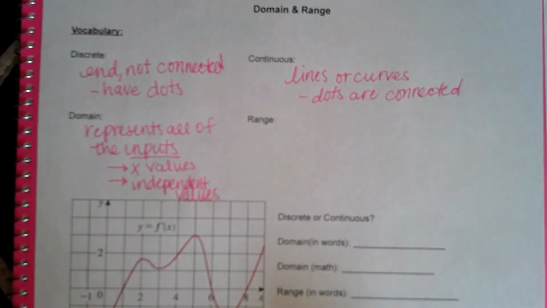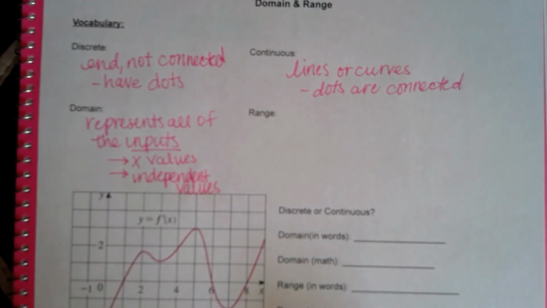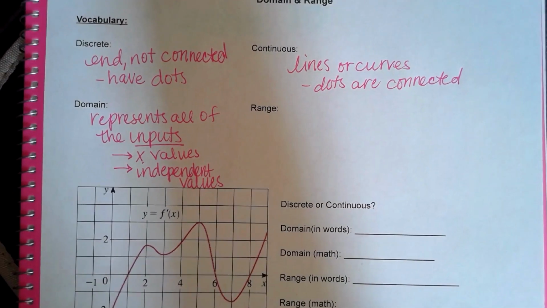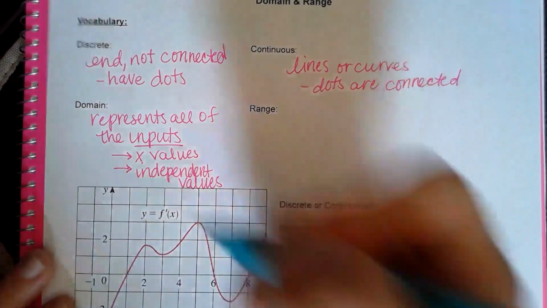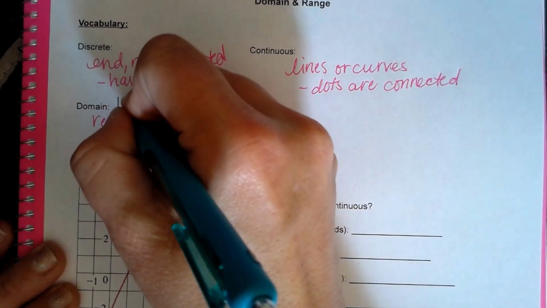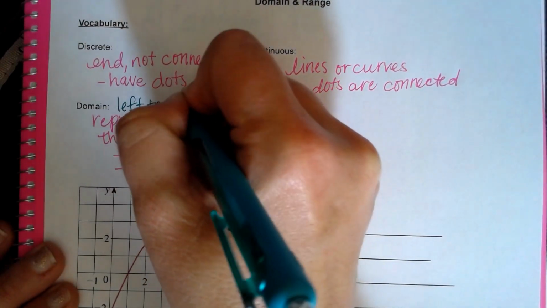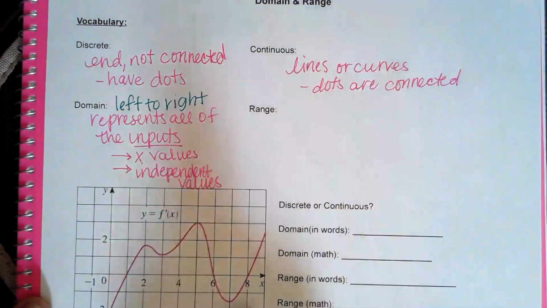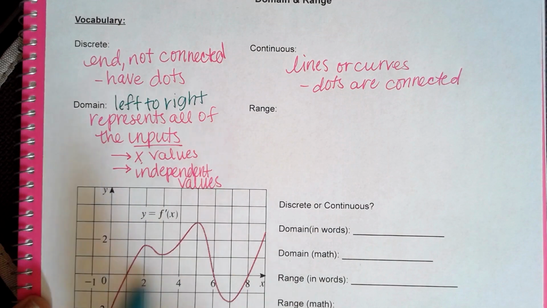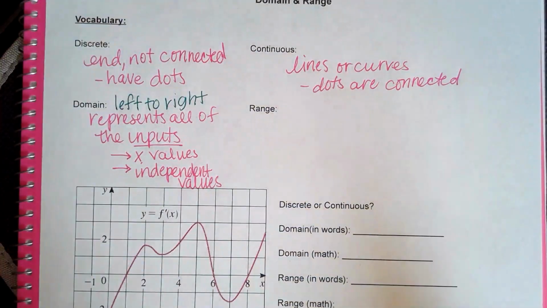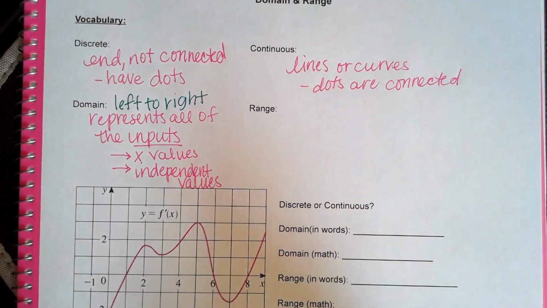Okay, they are independent. They do not depend on anything. When you are finding domain and range, you are looking left to right. Because remember, on a graph, the x-axis is right here, and its numbers run left to right. So when we state our domain and range, it goes left to right.